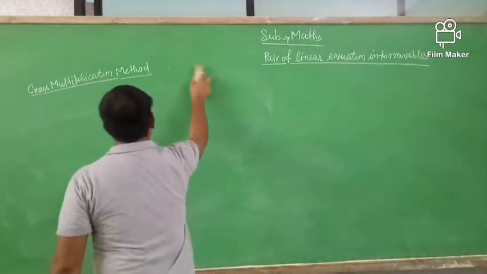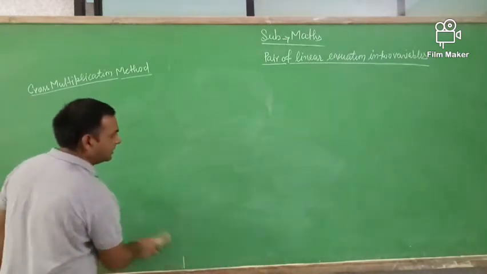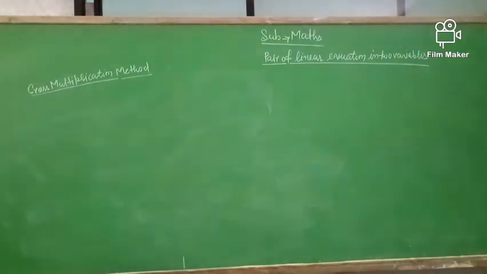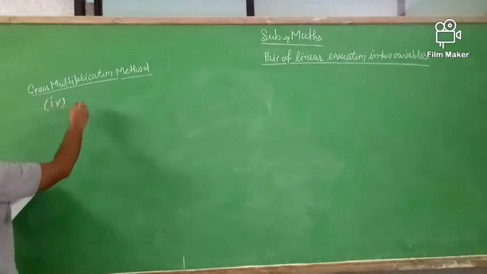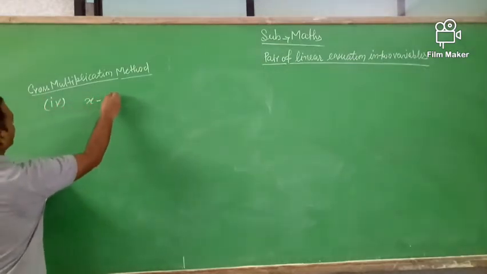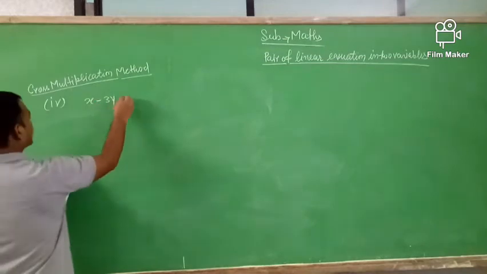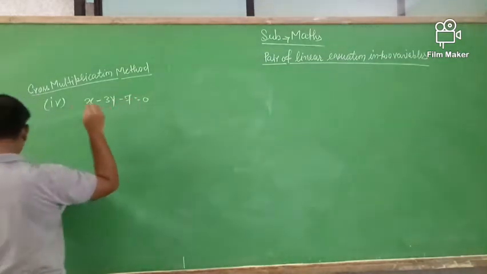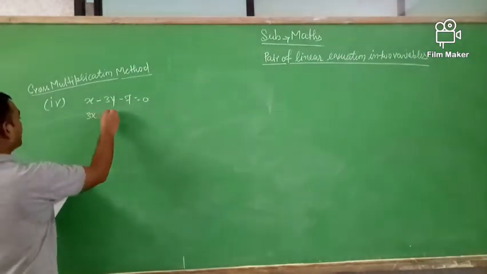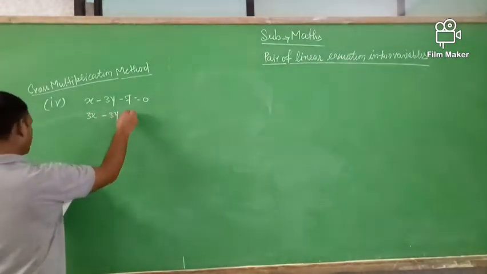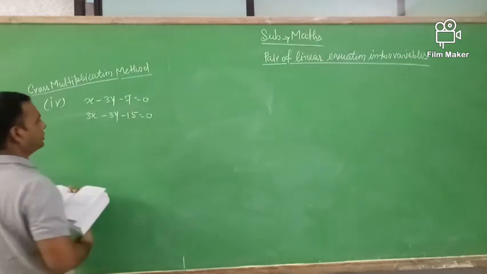Here the pair of linear equations is given: x minus 3y minus 7 is equal to 0, and second, 3x minus 3y minus 15 is equal to 0.